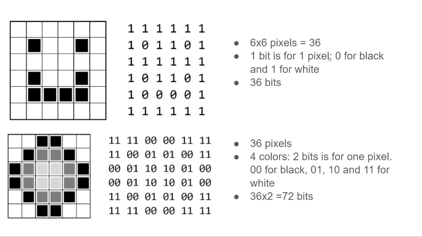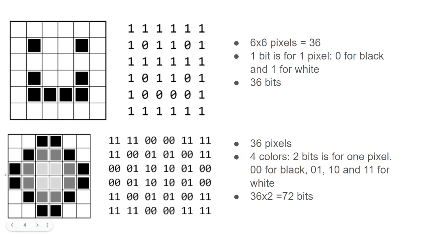So for black we can use pixel value 0, and for white we can use a pixel value 1. So we have to use 1 bit for 1 pixel, 0 for black and 1 for white. Here we have 36 pixels, so for each pixel we have to use 1 bit. So total we have to use 36 bits to store this image.